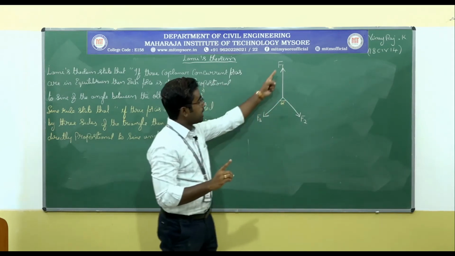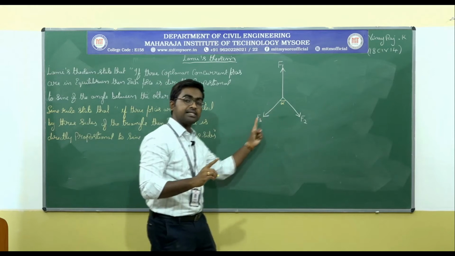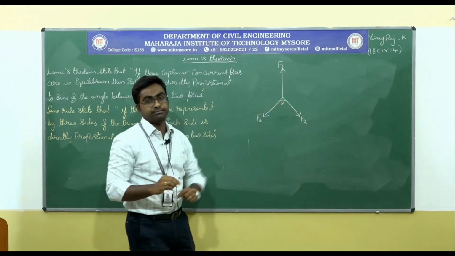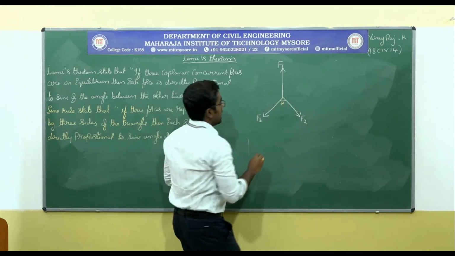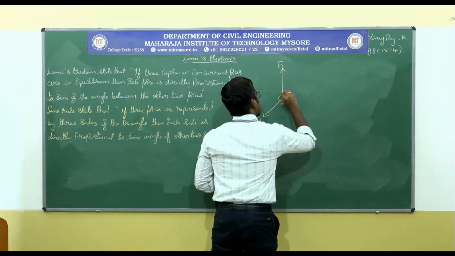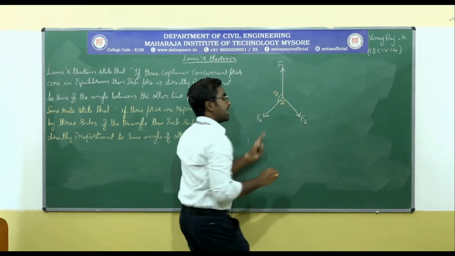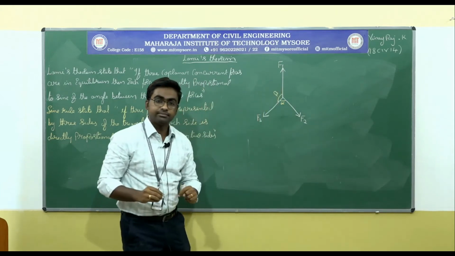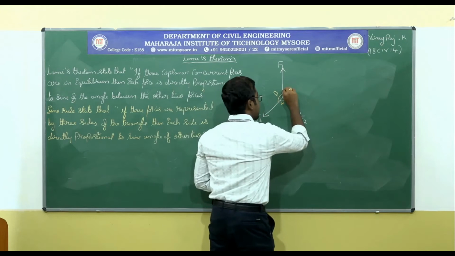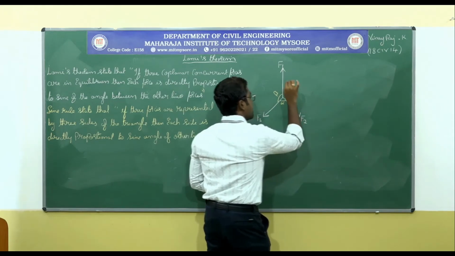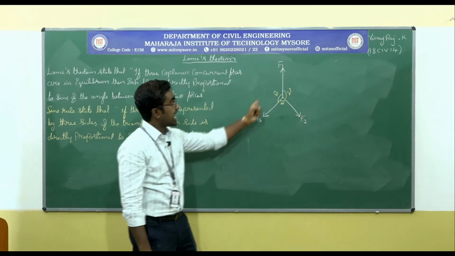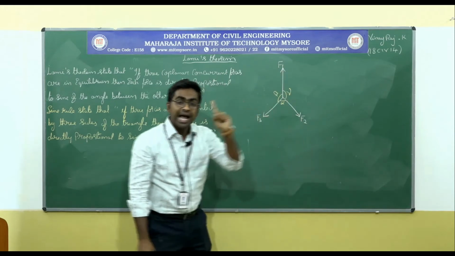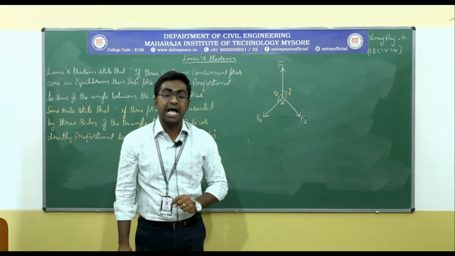Alpha is the angle opposite to F1 and it is in between F2 and F3, right? Let me take this angle as beta, and beta is the angle opposite to F2 and in between F3 and F1. Let this angle be gamma, and gamma is the angle opposite to F3 and in between F1 and F2, and this is how you need to represent the angles.